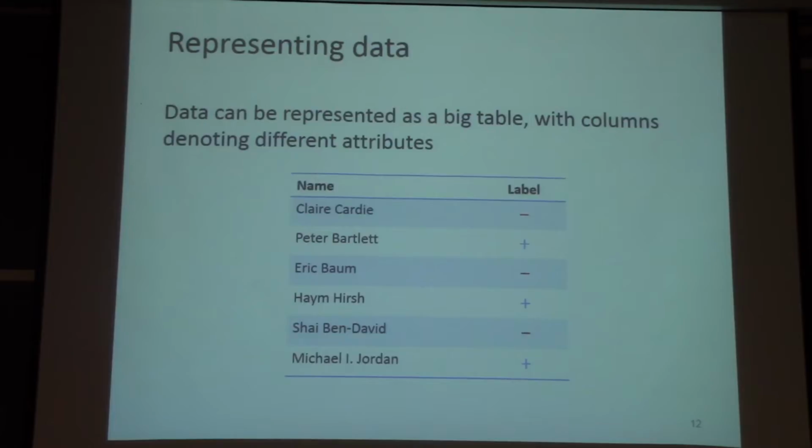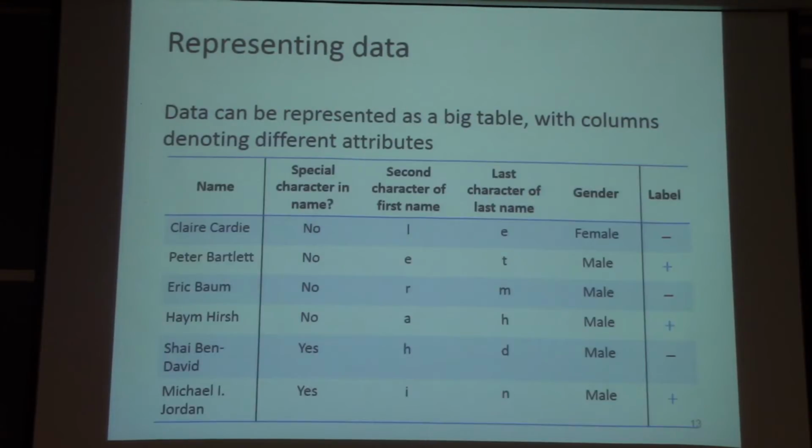Another way of thinking about it is to featurize this data. Featurize every example. You define a bunch of feature extractors that look up properties of the example, and you compute values of those properties. For example, I've invented 4 features here. One of them is, is there a special character in the name? Yes or no? What's the second character of the first name? What's the last character of the last name? What's the gender of the person who owns this name? And so on.